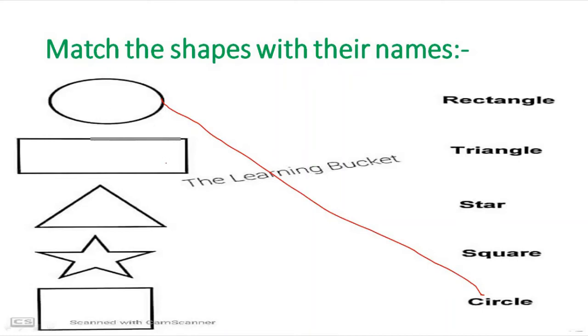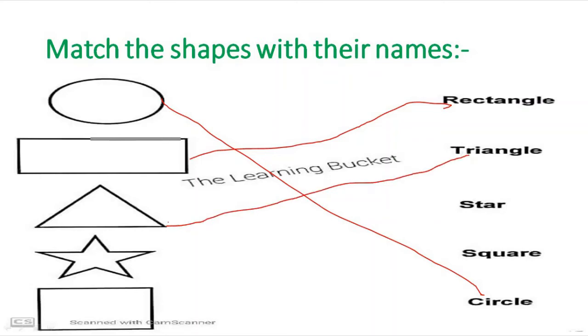Rectangle. Where is the rectangle? Here it is. R-E-C-T-A-N-G-L-E, rectangle. Okay. Now triangle. Where is the triangle? Yes, here it is. T-R-I-A-N-G-L-E, triangle.